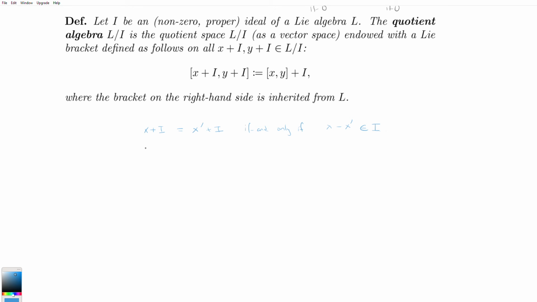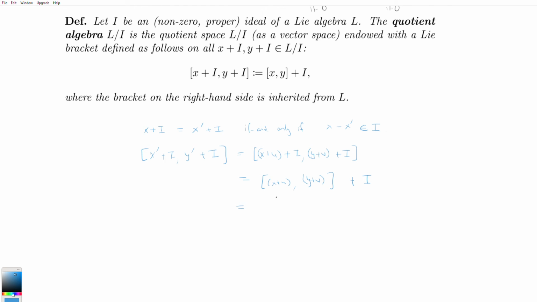If I had different representatives, x prime plus I, bracket with y prime plus I, where x prime represents the same thing as x, and y prime represents the same thing as y, then this is equal to x plus some vector u sitting inside of I, bracket with y plus some vector v sitting inside of I. Now we're going to use linearity, and so this is equal, by definition, to x plus u, bracket y plus v, plus I.